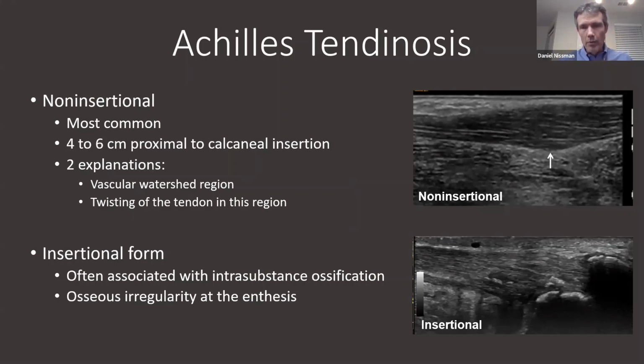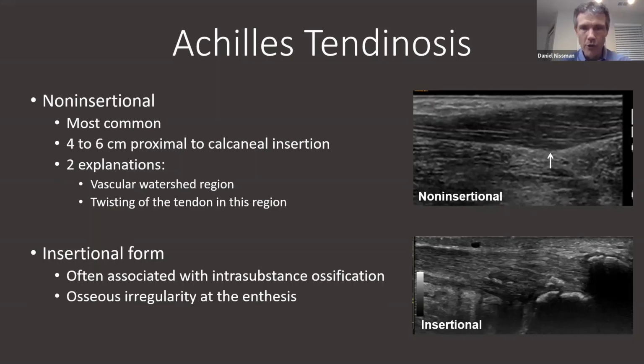And then also, the Achilles tendon makes a 90-degree turn medially as it goes from the gastrocnemius and joins with the soleus aponeurosis and then proceeds distally to insert on the calcaneus. So when you're contracting your soleus and gastrocnemius muscles, you're actually, in a sense, wringing out the remaining blood in the tendon, much like when you have a wet towel and you're trying to get the water out.